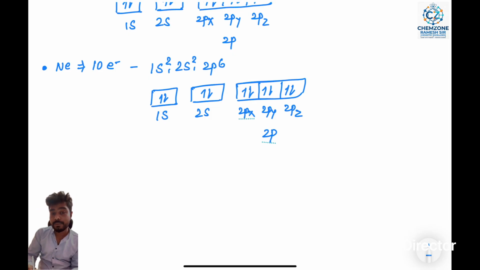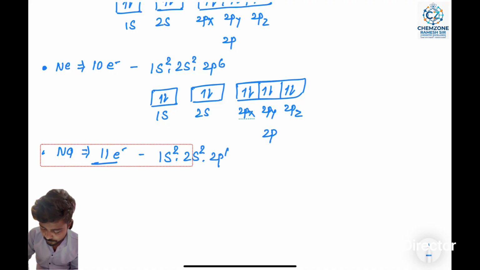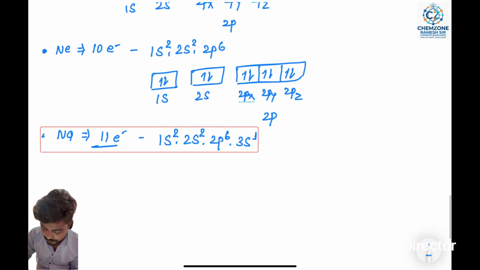Then next one, atomic number 11, is your sodium. Okay, 11 electrons are present. So 1s2, 2s2, 2p6. Then the next new orbital is 3s1. Okay, one single new orbital is present, so that is 3s1.